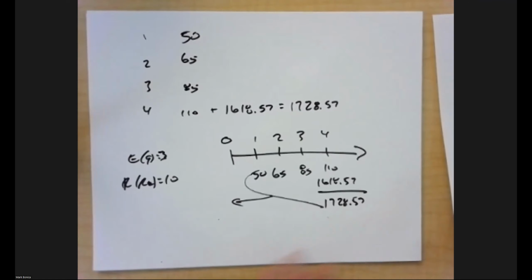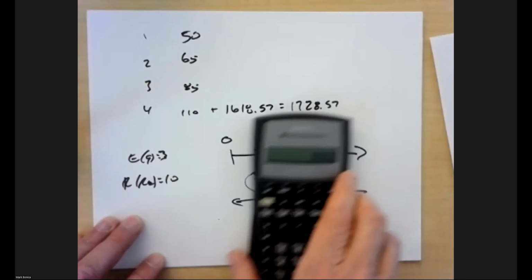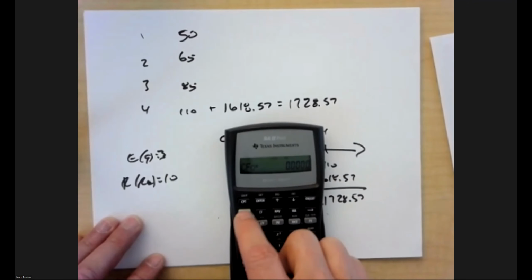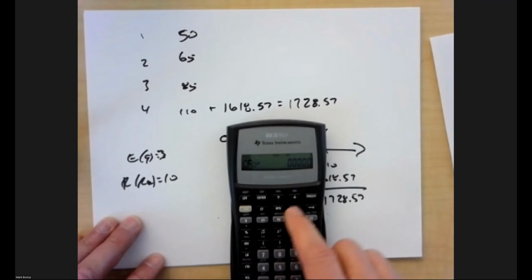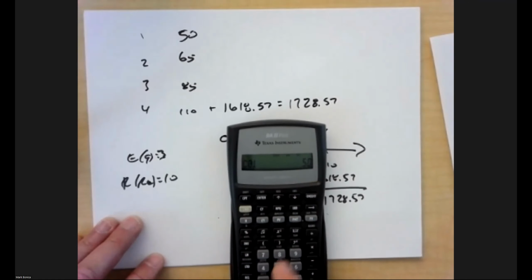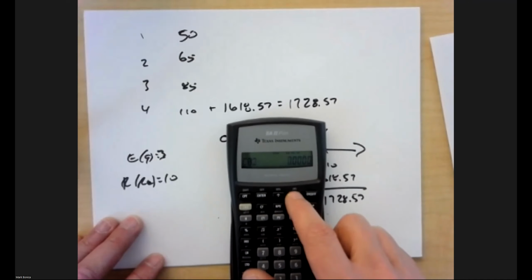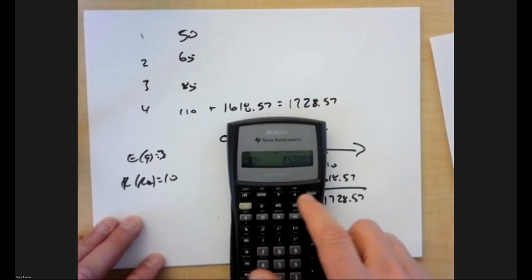The main thing to remember is that I've got to get that terminal value for the constant growth phase, and I've got to know where that hits. So if I want to use the cash flow register, I could do cash flow 0 is 0, CO1 is 50, CO2 is 65, CO3 is 85.